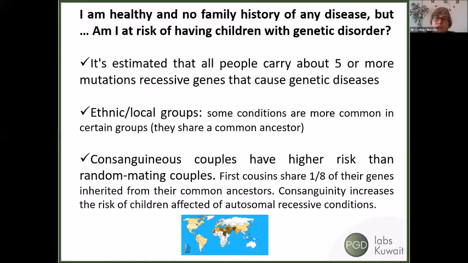Also, consanguineous couples have a higher risk of having a child with an autosomal recessive condition. We have to consider that, for example, first cousins share 1/8 of their genes that they inherit from a common family member. So the risk in these couples is much higher than the risk that we have in random couples.